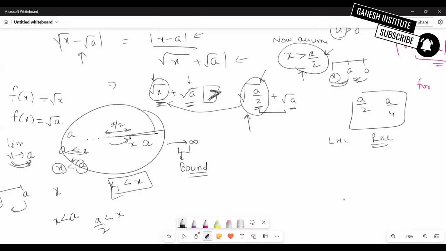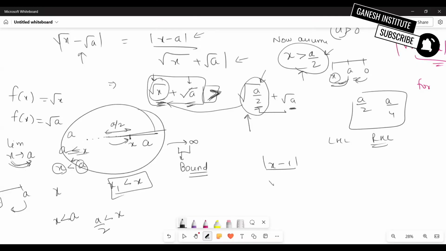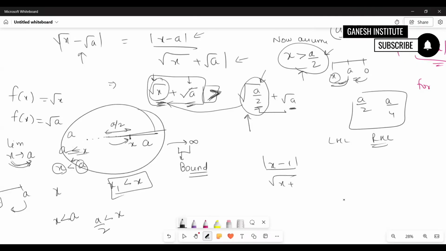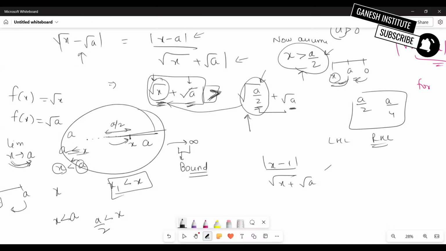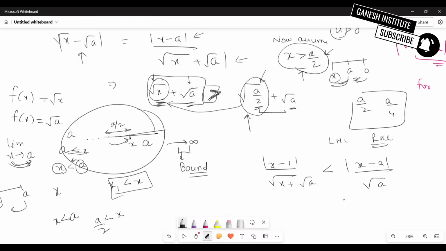Okay. But this is the denominator. If I have the fraction in place, root x plus root a, this will become smaller than that value. Why?